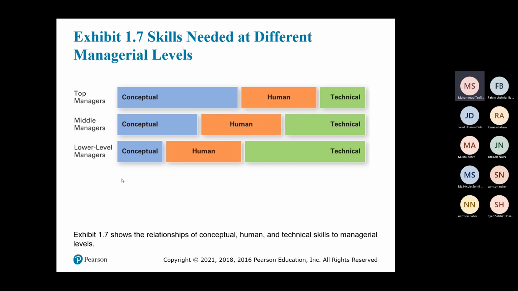Because now you are not only directing the people on the technical aspect. Now your role as a middle manager is more on making plans for your workers. So you must have better decision making skill at this level.